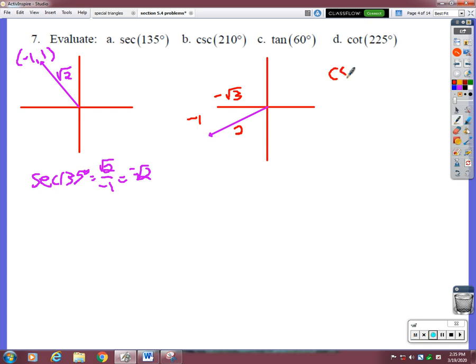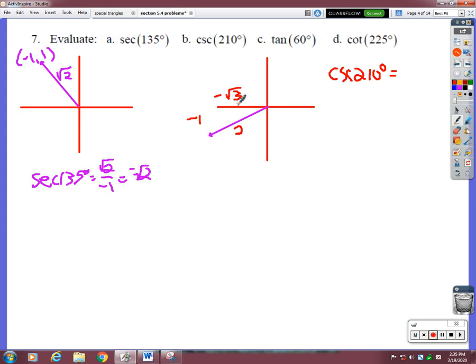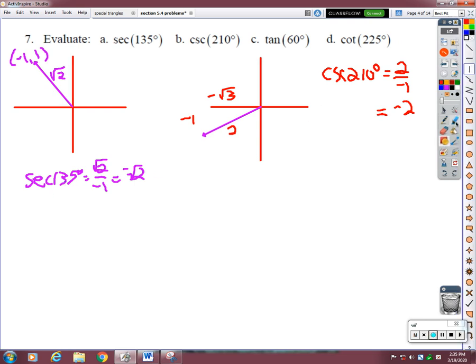So cosecant of 210 degrees, we're looking at r over y. So 2 over negative 1.